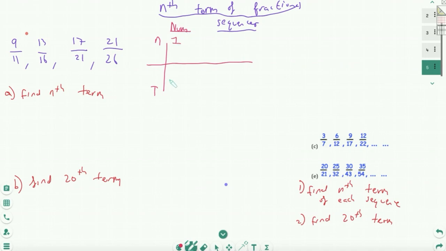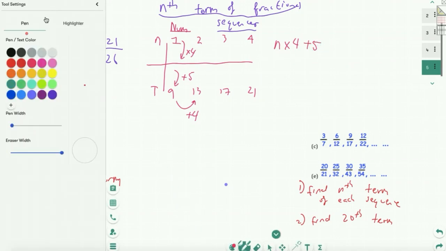The first term is 9, the second term is 13, the third term is 17, the fourth term is 21. Well, the term-to-term rule is plus 4, so we can times by 4. 1 times by 4 is 4, plus 5 makes 9. So our first nth term is n times 4 plus 5.